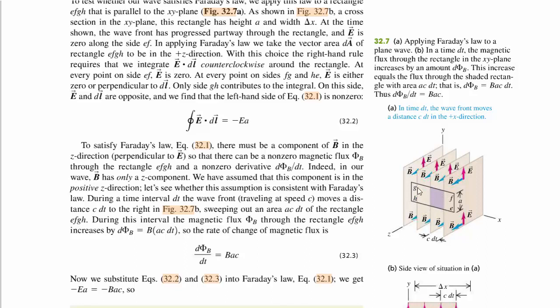So the difference between the final and the initial is just this purple shaded area, which has a length of c dt and a height of A, and so the area is A c dt, and the flux is the product of B and area. So when you divide the dt out, you get the change in flux of BAc.